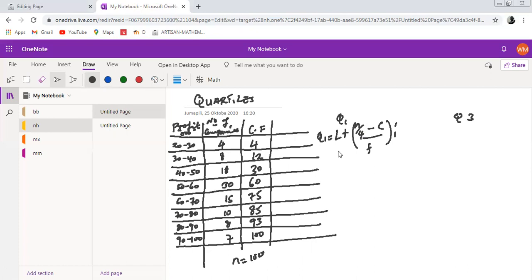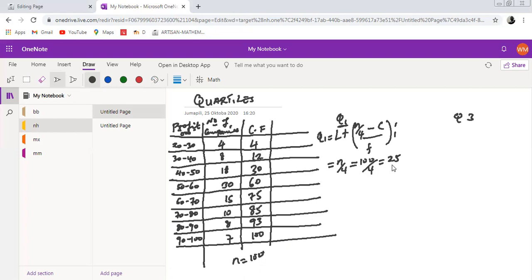L is the lower class limit of the lower quartile class. Q1 is the lower quartile, and we determine the class by working out N over 4, which is the same as 100 over 4, which is 25. Remember, N is 100.